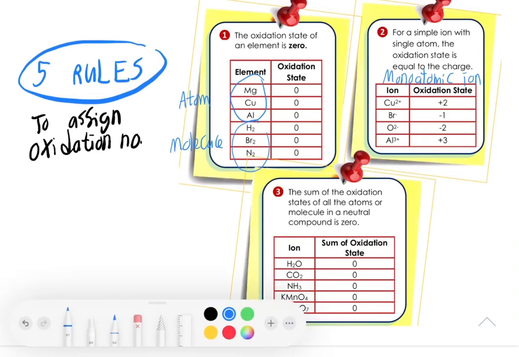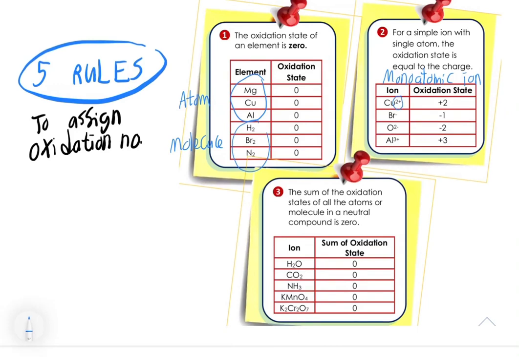For example, Cu2+ has a charge of +2, so the oxidation state is +2. Br- is -1. Oxygen has 2- charge, so the oxidation number is also 2-. Aluminium ion, the charge is +3, so the oxidation state is also +3.